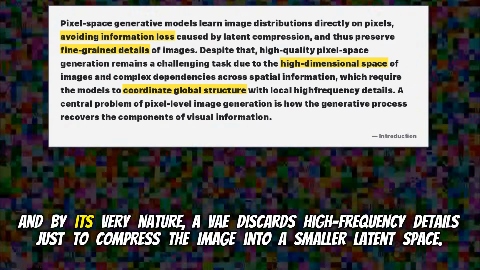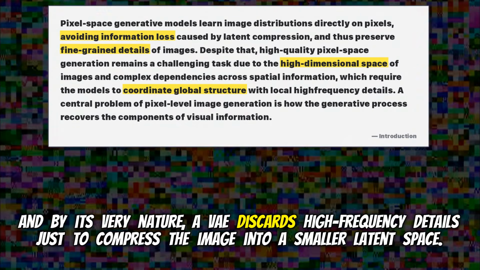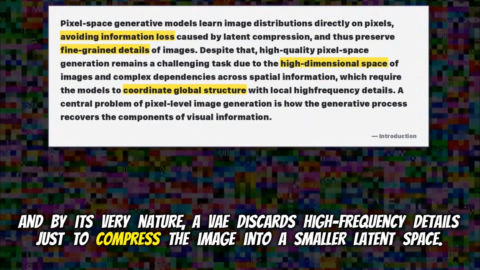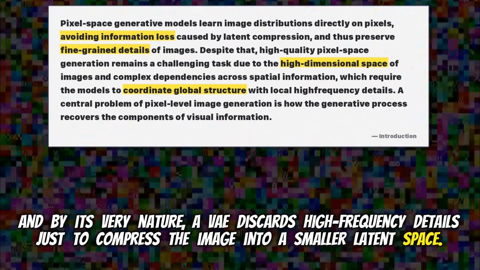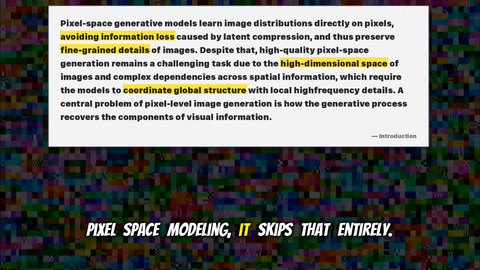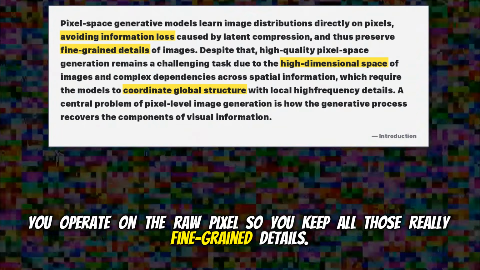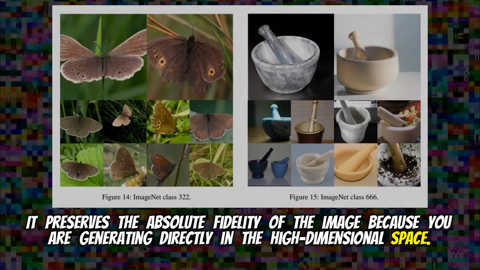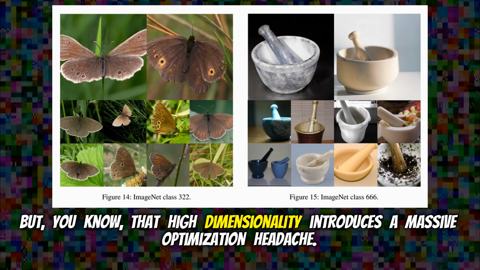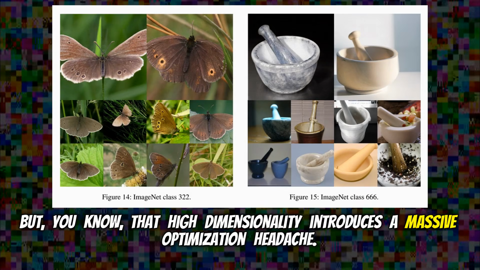By its very nature, a VAE discards high-frequency details just to compress the image into a smaller latent space. Pixel space modeling skips that entirely. You operate on the raw pixels, so you keep all those really fine-grained details. Exactly. It preserves the absolute fidelity of the image because you are generating directly in the high-dimensional space. But that high dimensionality introduces a massive optimization headache.